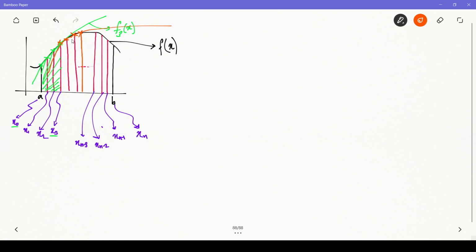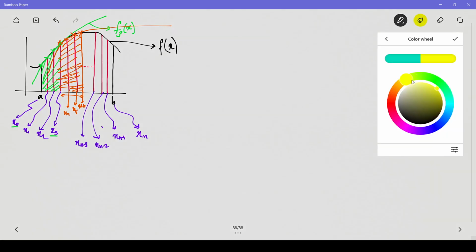And the area underneath this third order polynomial is a rough approximation of the area underneath the original curve within this subinterval, starting from x3 up to x6. This is x4, this is x5, and this has to be x sub 6.